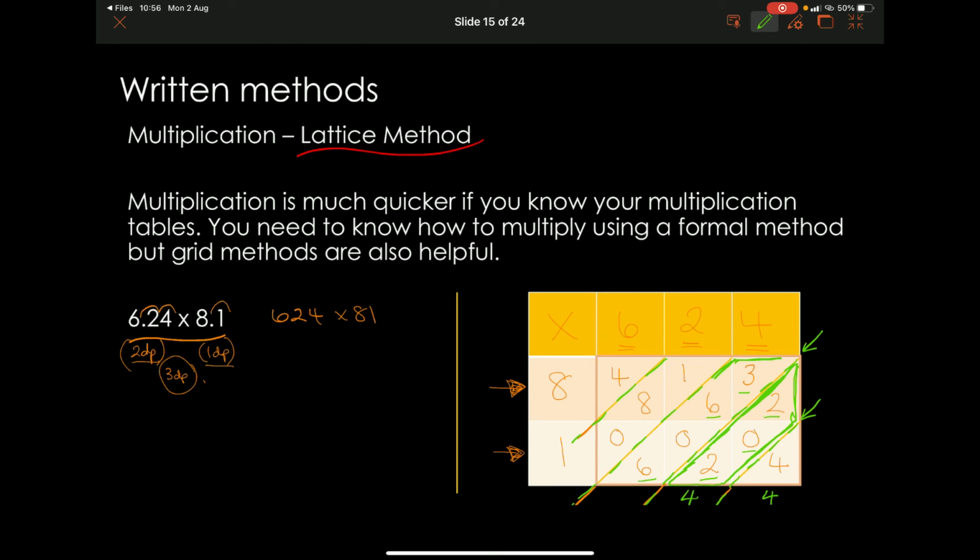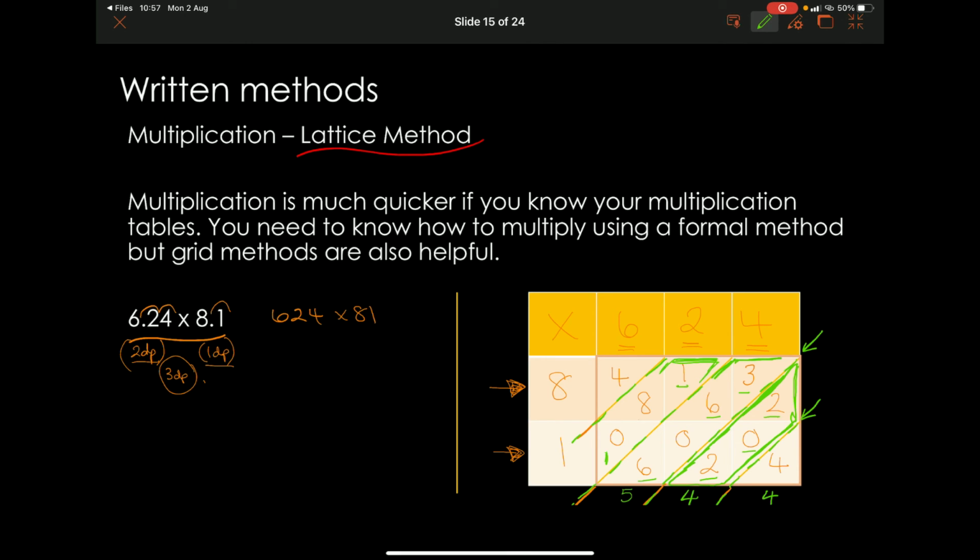Now, if I added 6, 6 and 3, that gives me 15. If that gives me 15, I put the 5 in there, but I must carry the 1 over to the next diagonal column.